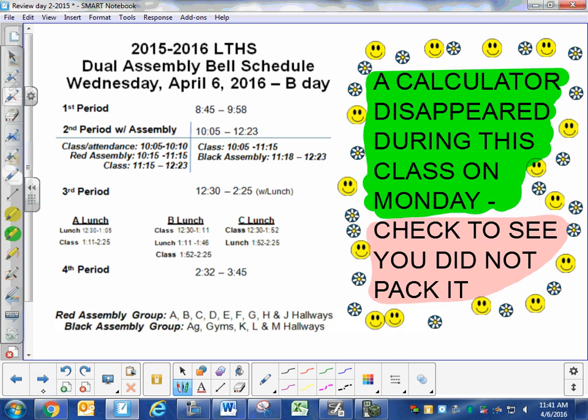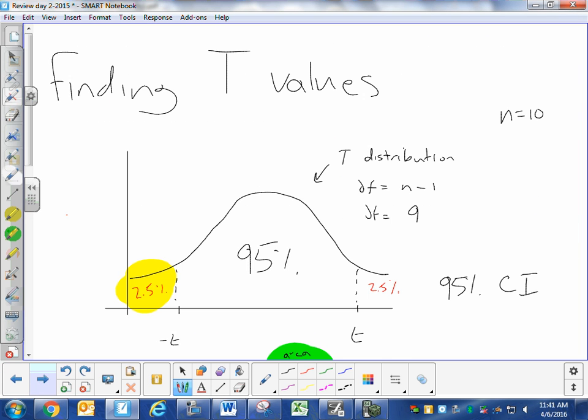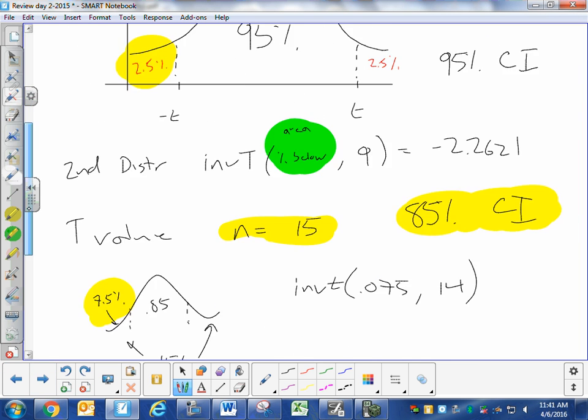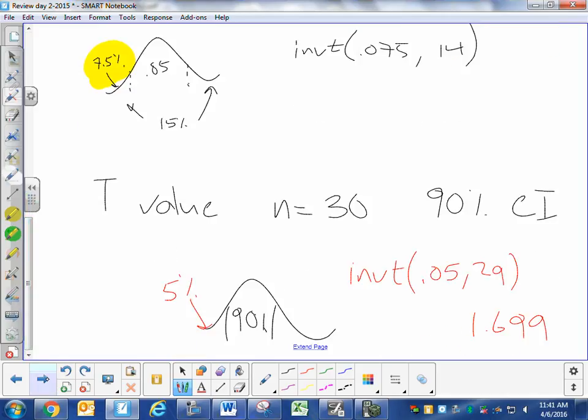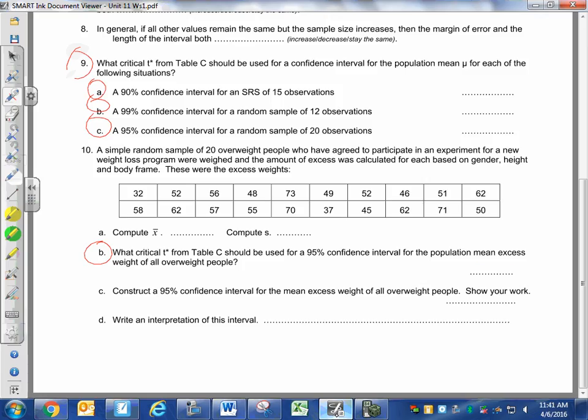We're until 12:23. Got plenty of time. Yes, put the positive t-value down. 1.761. 3.12. Yep, that's the same. And then 2. I just rounded it.